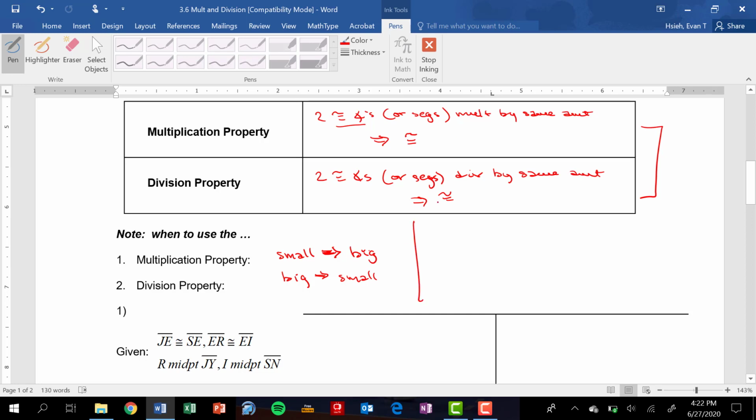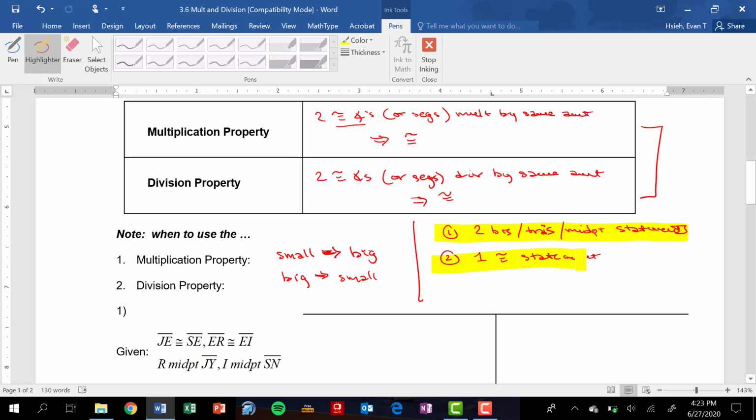Also, when you have two bisect, trisect, or midpoint statements and one congruent statement, that's what you should be looking for in a proof. You should be looking for two bisect, trisect, or midpoint statements and one congruent statement.